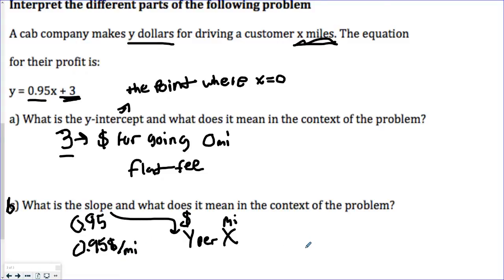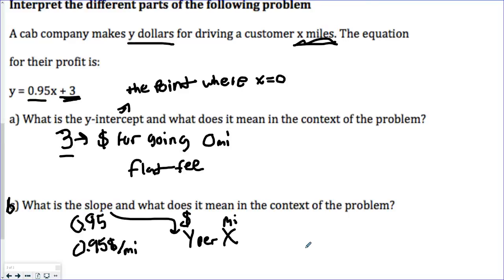So basically this means you pay 95 cents to go 1 mile if you want to put it into a sentence, which you probably should, but I'm just doing it to kind of piece it apart here. So the slope's description should always have something like per in it. The slope is always something per something. It's y per x. So dollars per mile, ponies per car, gallons per minute, feet per second, that sort of thing.